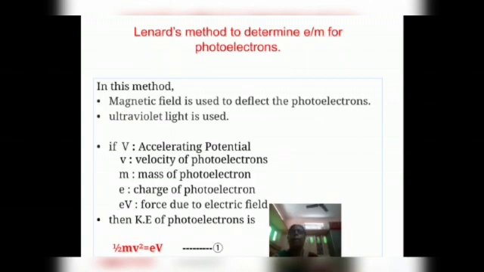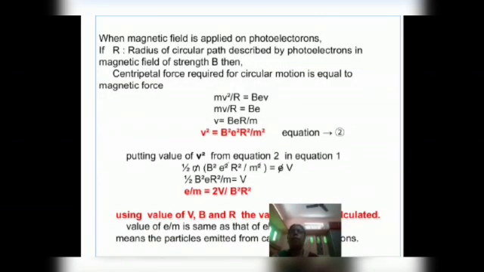When we apply a magnetic field on the photoelectrons, what happens? This capital R is the radius of the circular path described by the photoelectrons in a magnetic field of strength capital B. Then, due to this curved path of the photoelectron, the centripetal force required for circular motion is equal to the magnetic force.